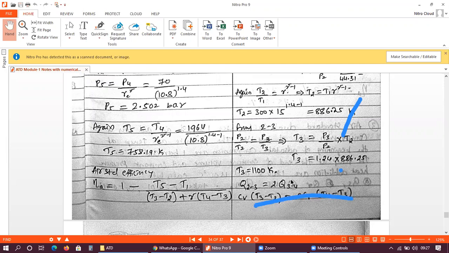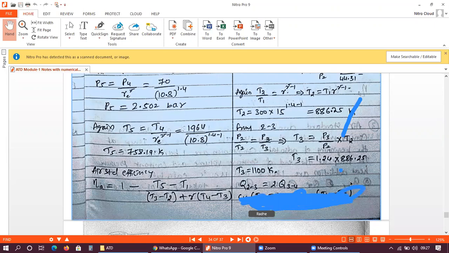This is how you have to write the expression. But it is 2 times, as already mentioned in the problem statement.